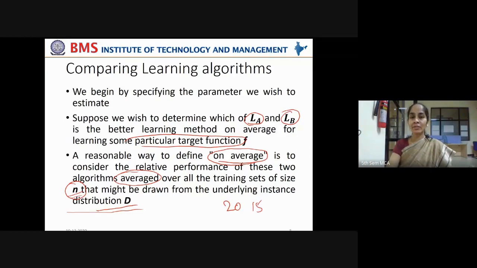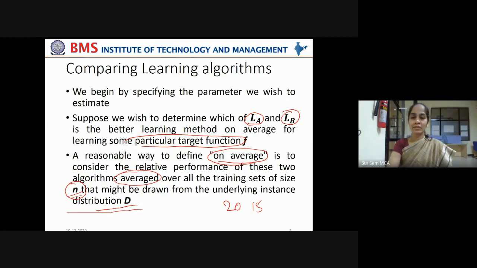They are from the same environment. They are drawn randomly and independent of each other. The draws are independent of each other. Means picking up one training example doesn't influence the selection of the next data point into the sample or into the training set.